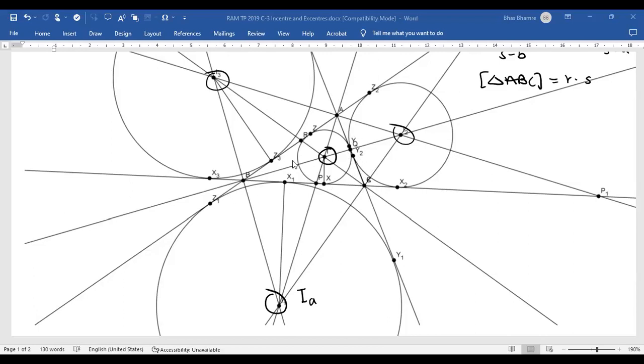And those harmonic conjugates are like BP is to PC, is BP1 is to P1C, is AB upon AC, the ratio of the remaining two sides. So this Apollonius circle has some typical importance. We are going to see them in due course.